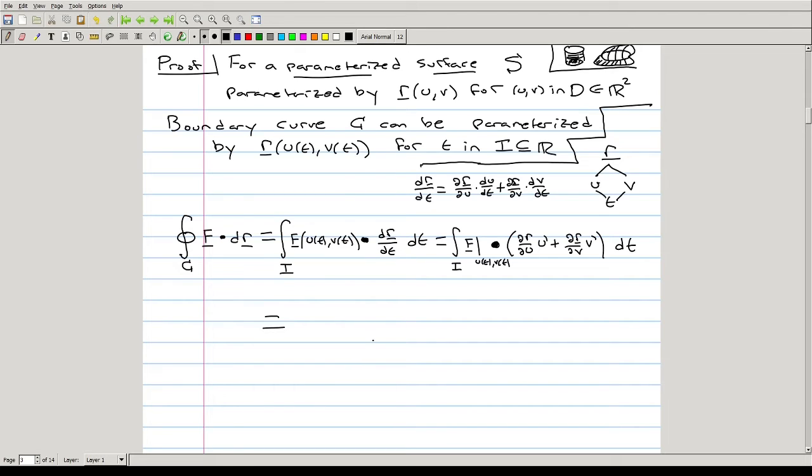And this now simplifies very nicely. This becomes the integral over the interval I of f dot product with dr/du u prime dt, plus the integral over I of f dot product with partial r partial v times v prime dt.